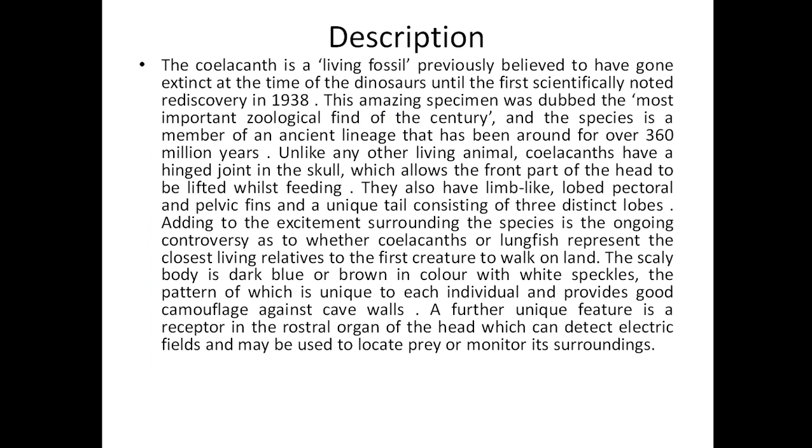The tail fin has 3 lobes. There is a receptor organ, known as the rostral organ, on the head, which can detect electric fields, with the help of which it can locate prey or monitor its surroundings.